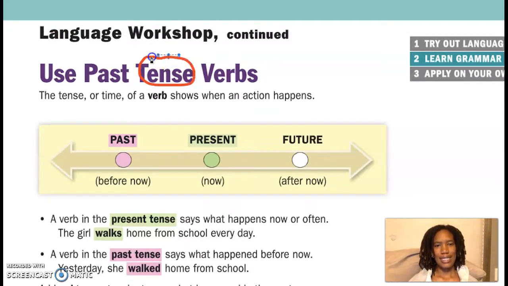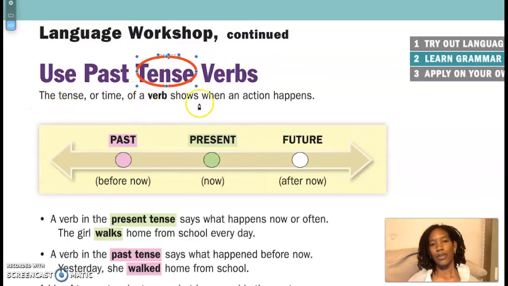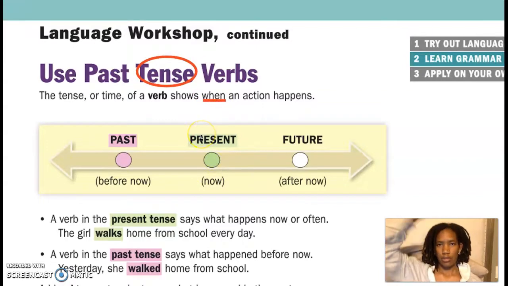Tense means time. Okay. Tense means time. So the tense or time of a verb shows when an action happens. Okay. So we have present tense, which is right now. It's now or it's often, okay?